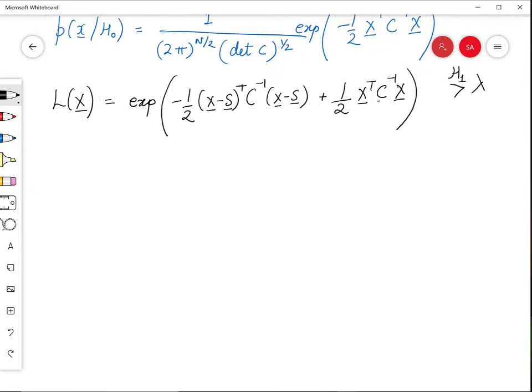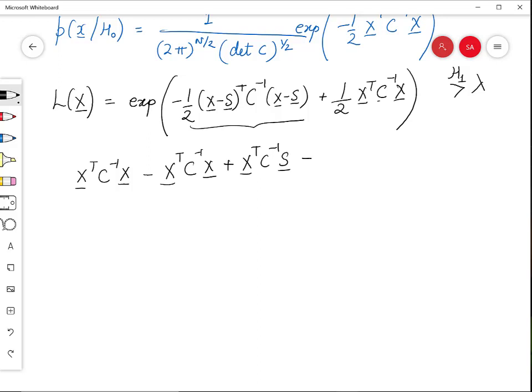Now let's take log on both sides, so the exponential will go away, and I can expand this part. I can also take the half to the other side, so let's forget the half part here. It becomes x transpose C inverse x minus, the first expression here will be x transpose C inverse x, plus x transpose C inverse s.